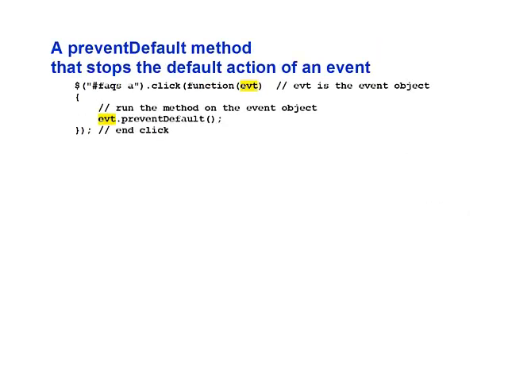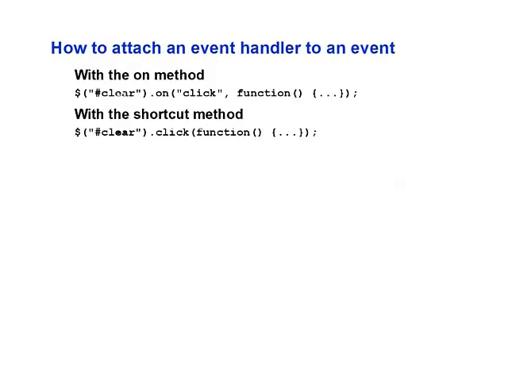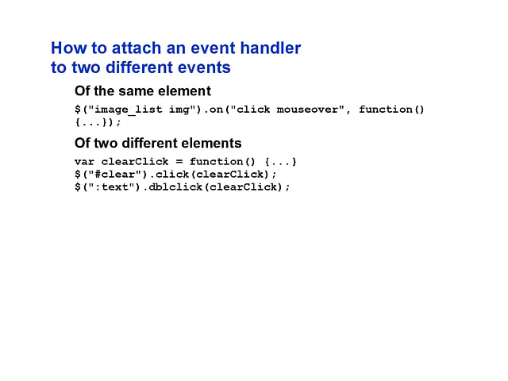A default method for the click function is included here. And here you have descriptions supporting the event methods of on and off, one, trigger, bind, and unbind. There's a shortcut method for the event handler to an event, seen here. And we can add an event handler to 2 different events, one with the same element or 2 different elements.